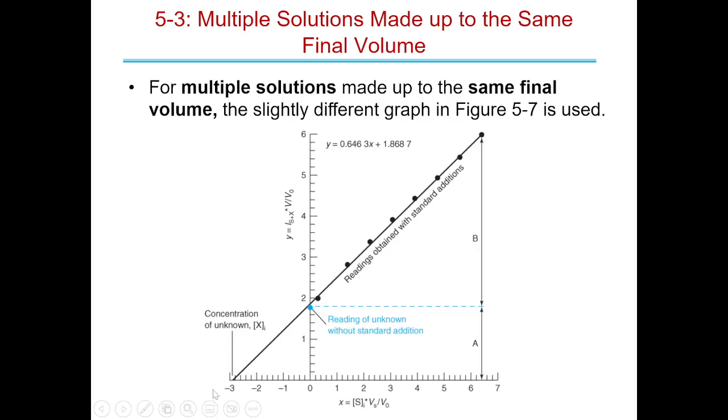But the x-intercept is the concentration of our original sample. These would be the standard additions that we make. Each of them gives a linear increase in our concentration, and each of them gives a linear increase in our signal. Okay. Does anybody have any questions about that? In practice, it's much easier than it sounds. You just graph it.